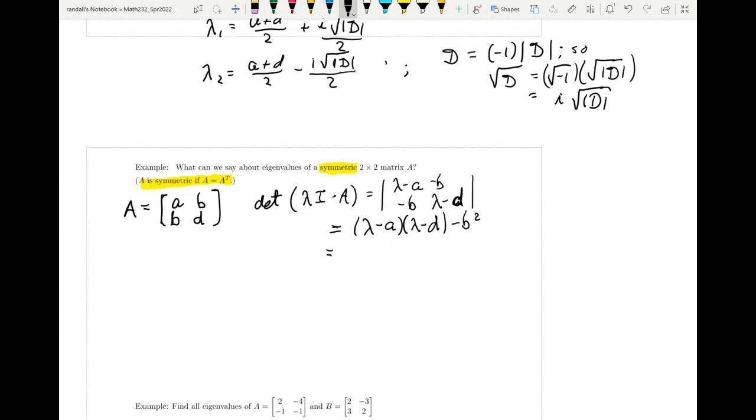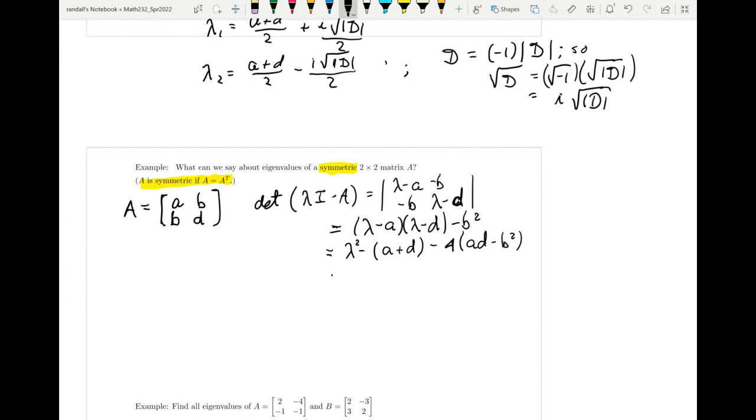Let's write it out as a quadratic so I can see what the coefficients are and we can analyze the eigenvalues. So it's lambda squared minus (a plus d), as we know the trace, lambda, plus the determinant of a symmetric 2 by 2 matrix, ad minus b squared.